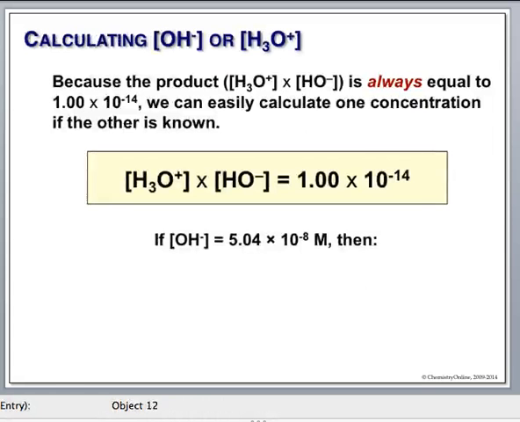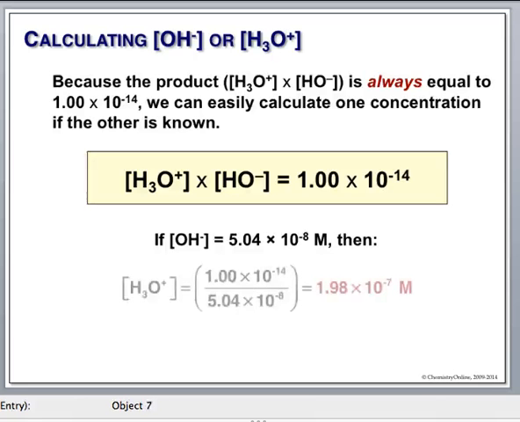So, if I tell you that our hydroxide is 5.04 times 10 to the minus 8 molar, what is hydronium? All you have to do is take 10 to the minus 14 divided by our hydroxide, and that will give us hydronium.